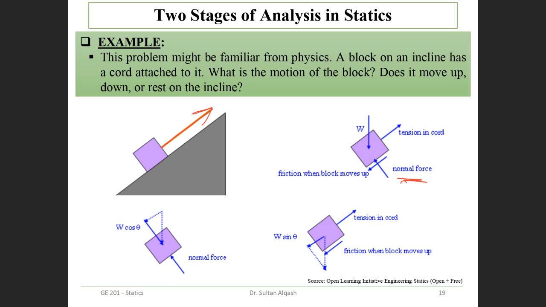Okay, and then I have the weight, right? And then I have the tension. As well, if this is in constant movement, at constant velocity, I have something called friction. Clear? So here are the forces in this direction.